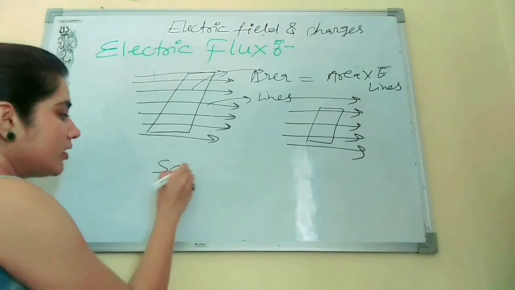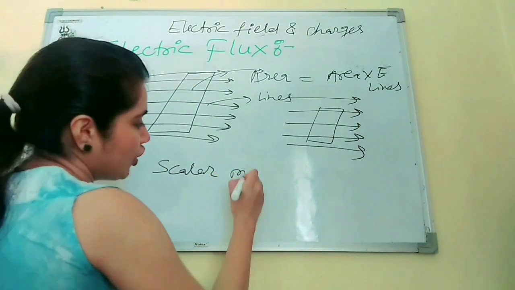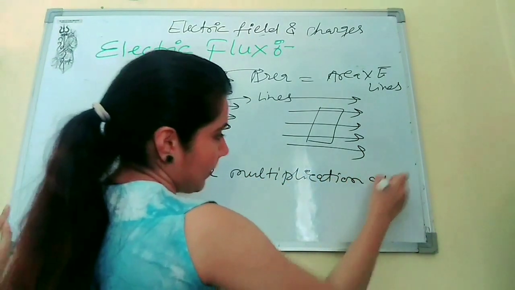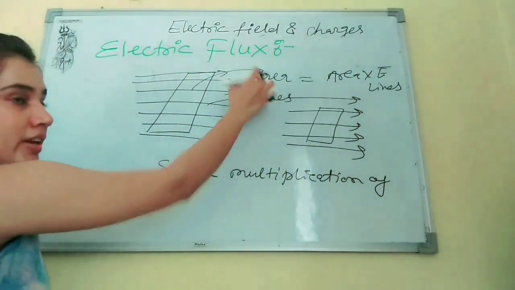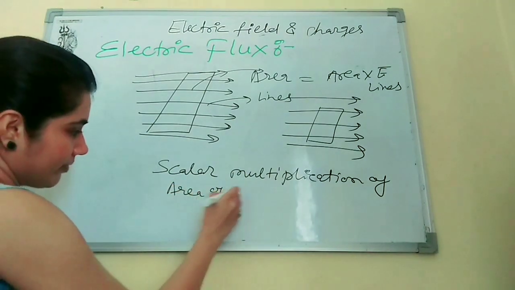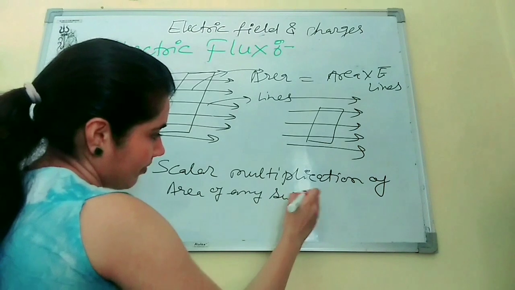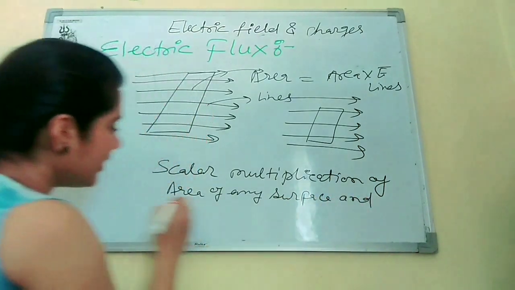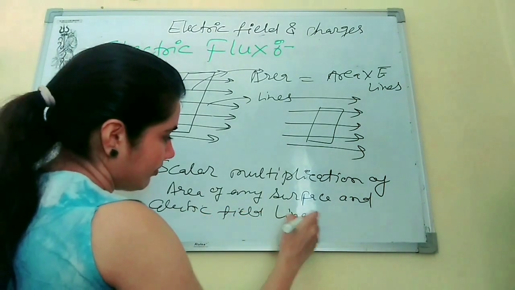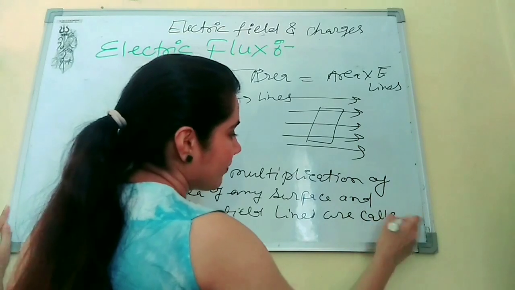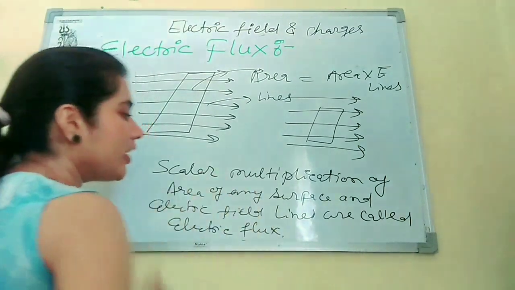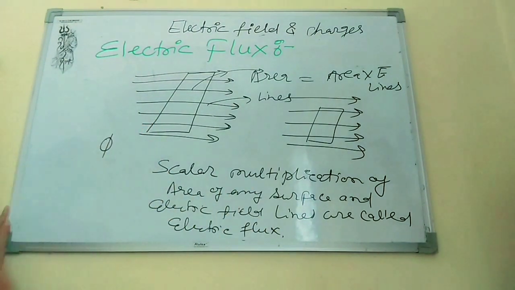The scalar multiplication of area of any surface and electric field lines is called electric flux, which we denote by phi.